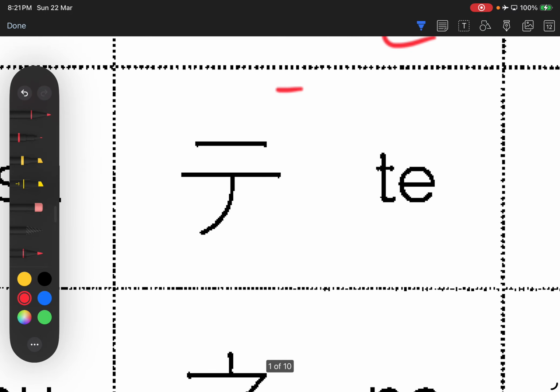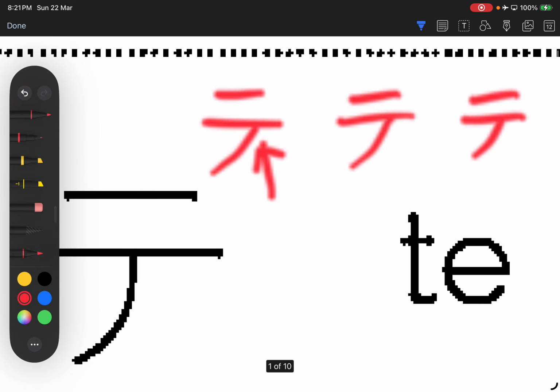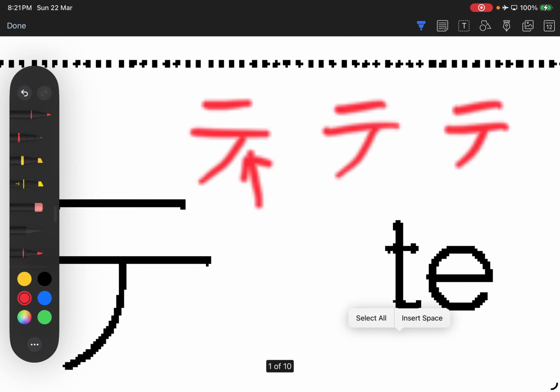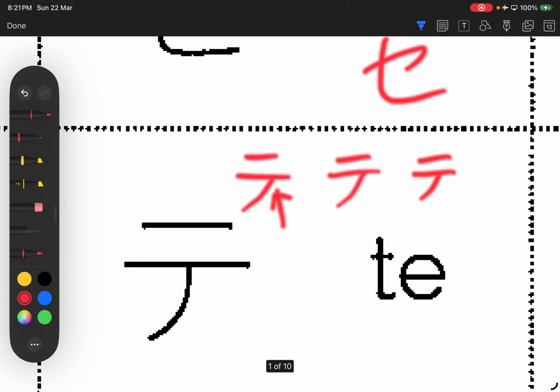So 1, 2, 3. 1, 2, 3. So you can see some of my writings, I start from the quite slanted to the right. Some I write it from the middle. It's preferred to be at the middle, but from the right is also acceptable. But not too right lah.